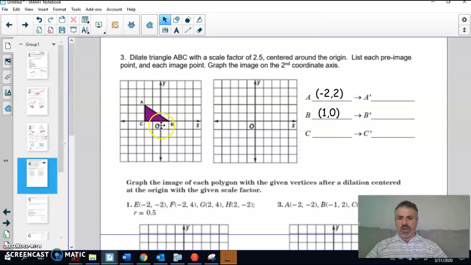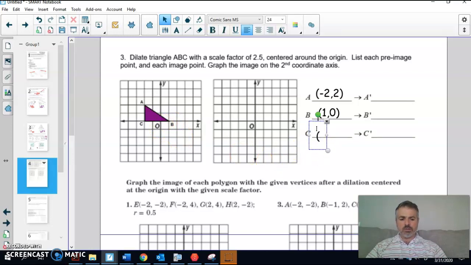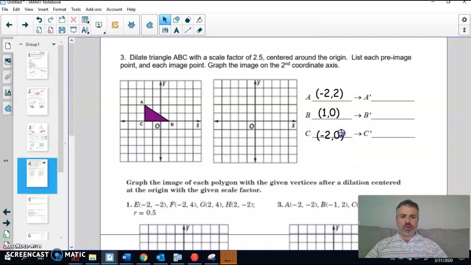C is at what? Negative 2, 0. So those are the pre-image points.